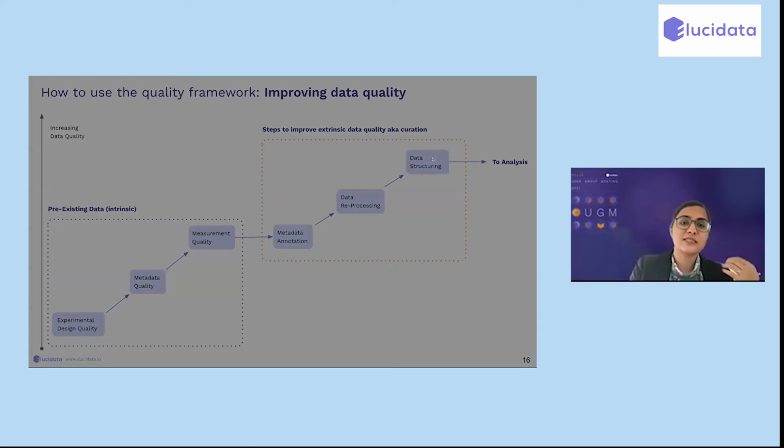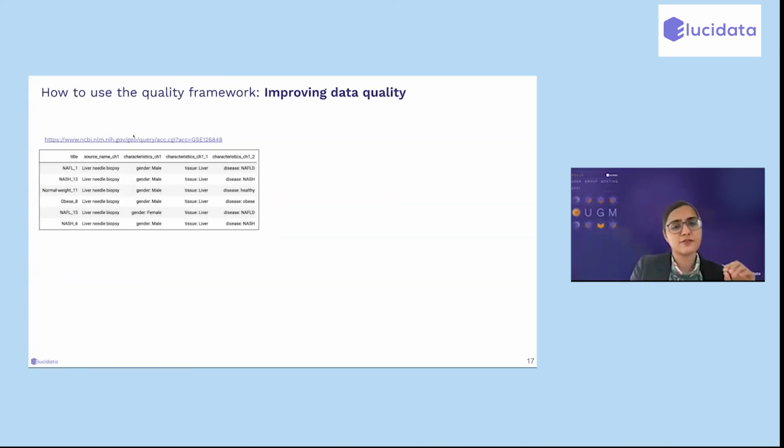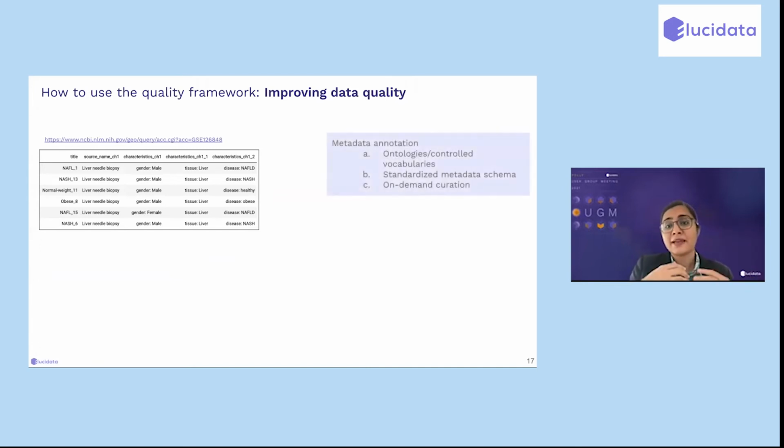And one of the ways in which we use it is we take data from a source, and this source could be a proprietary data set, a public data set, or a premium data set, as Shwetab mentioned in his conversation. We improve metadata annotation through use of ontologies and controlled vocabularies. We standardize the metadata schema, and we do on-demand curation for particular use cases.